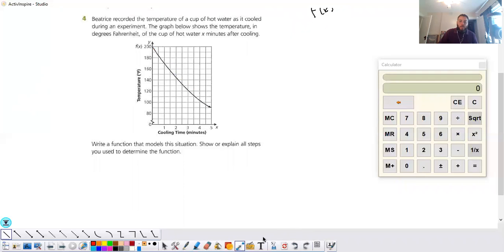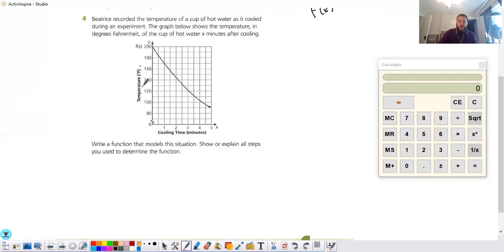So when we're dealing with an exponential function, we need to get some values here, right? So first we have our formula, f of x equals a b to the x. So a is our initial value, or at 0, what is the value of the function here? So here, if we go from 0 up, we can see that it is at 200. So 200 is our initial, and now we need to find the rate that it decreases.